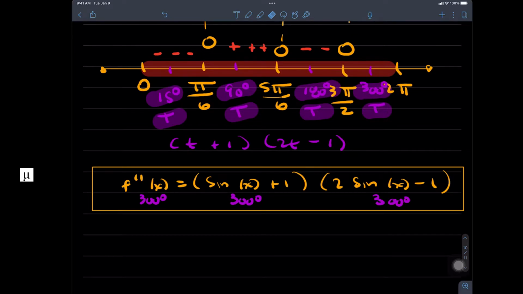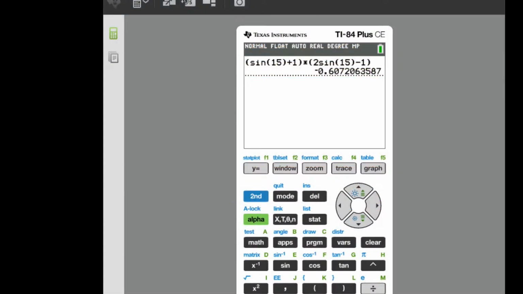So I'm going to put here parentheses sine 300, close that, plus 1, times 2 sine of 300, close that, minus 1.